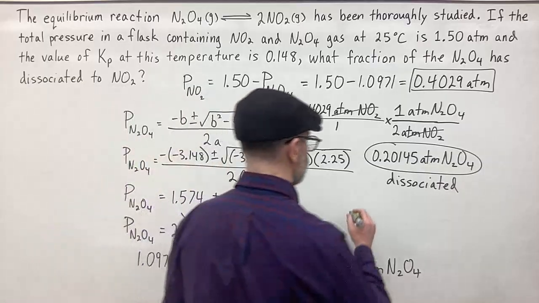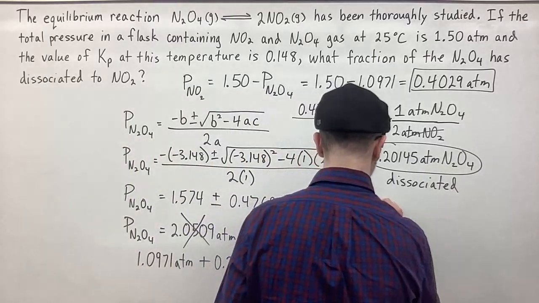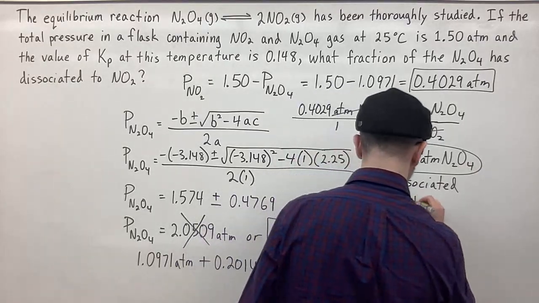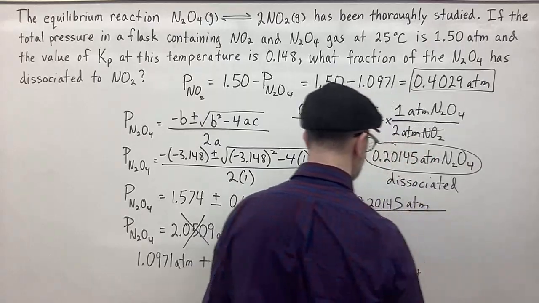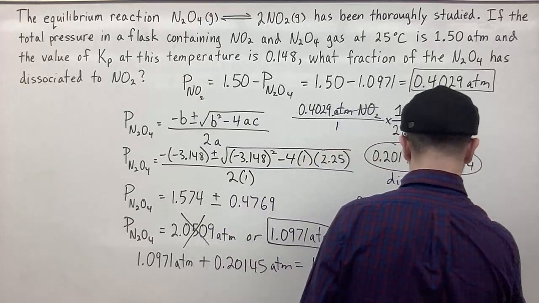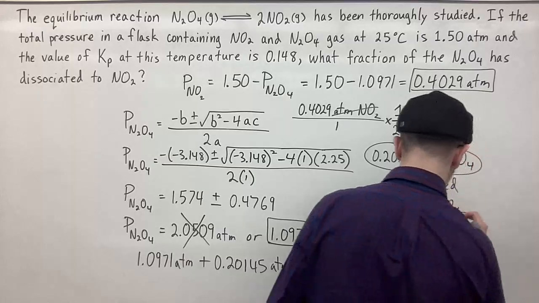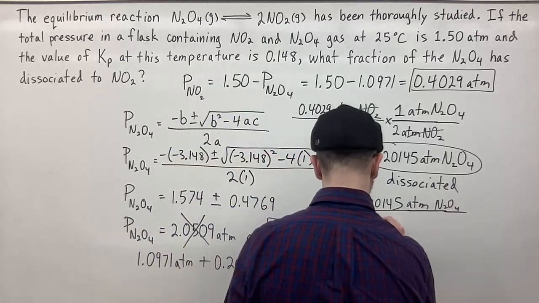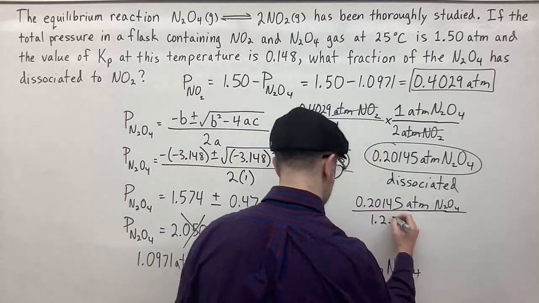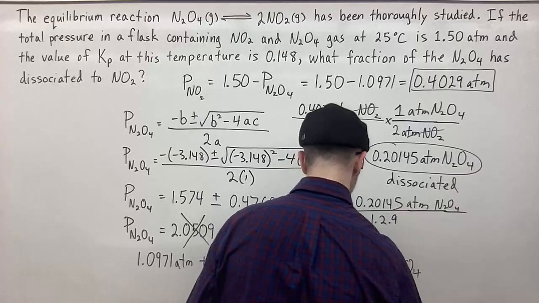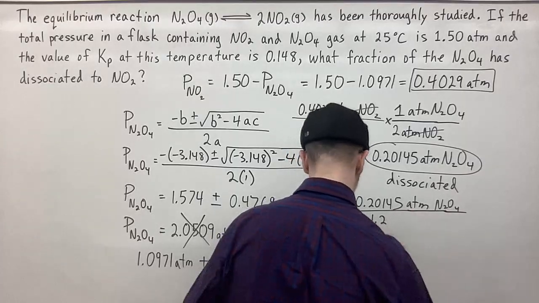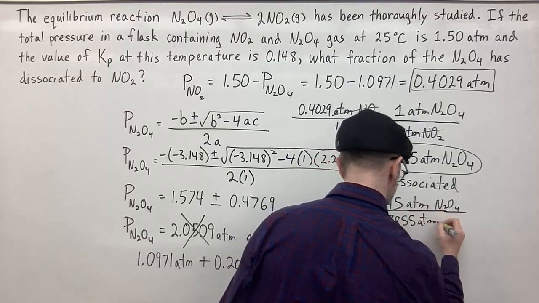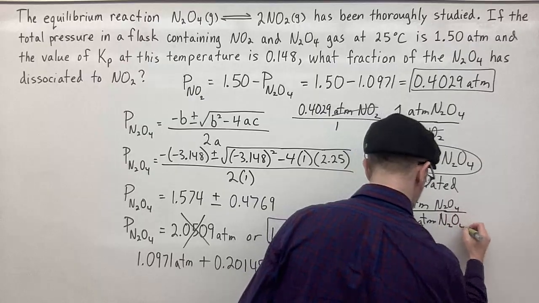in the beginning. So then I take 0.20145 atmospheres of N2O4 that dissociated and divide that by the total that I started off with in the beginning. So it'd be divided by 1.29855 atmospheres of N2O4.